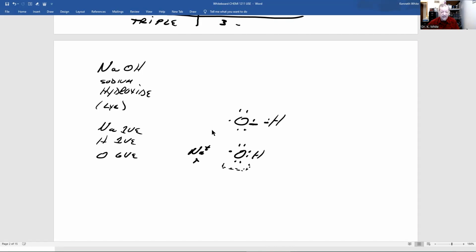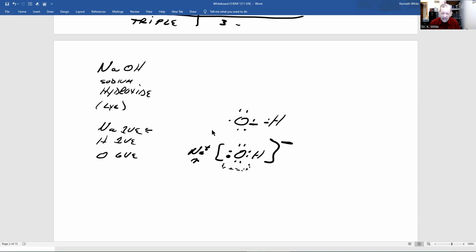Well, what happened to the electron from sodium to form a +1 charge? Because it had a valence electron. Now it doesn't have that 1. It goes here. And now oxygen has an octet, but it has an extra electron, so it has a minus charge.